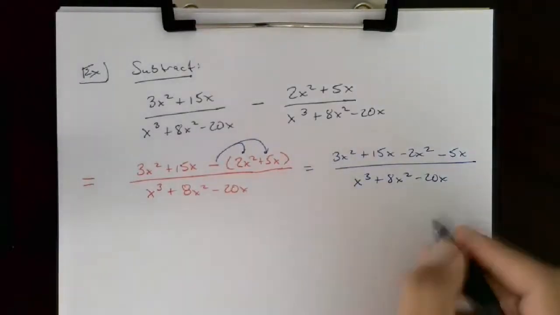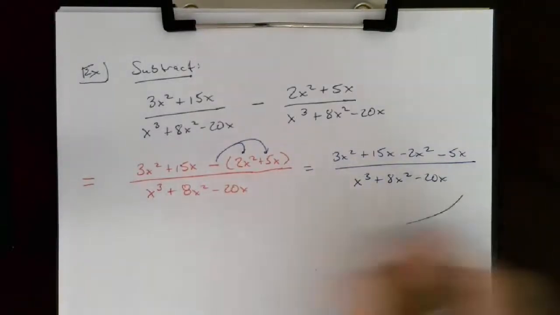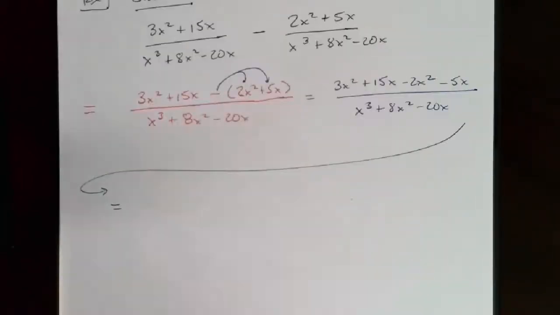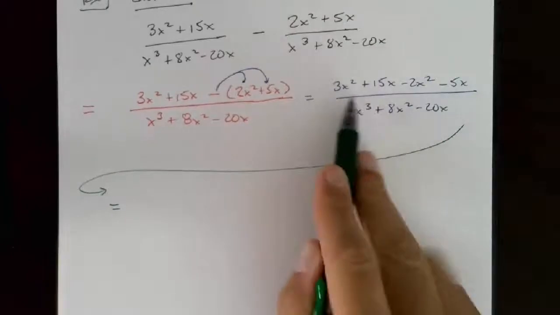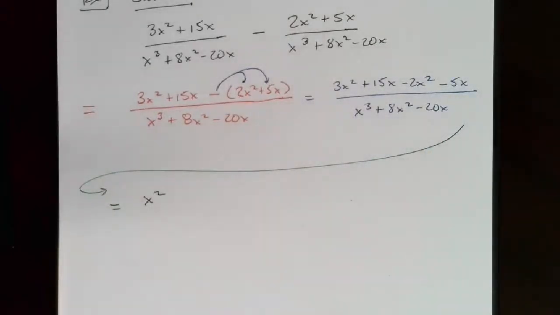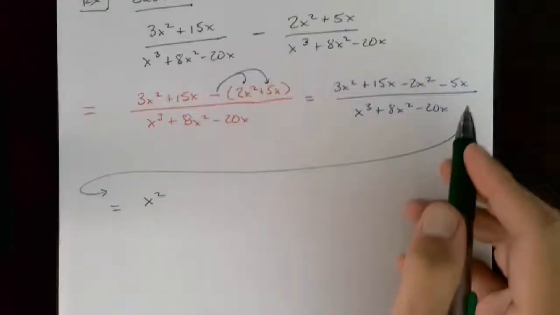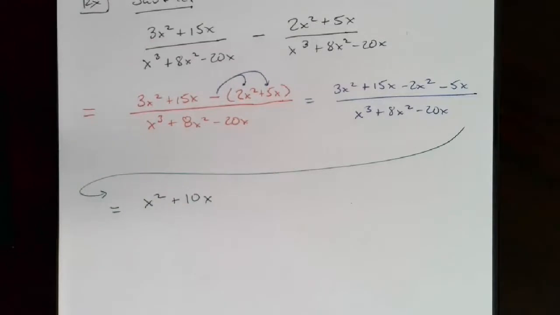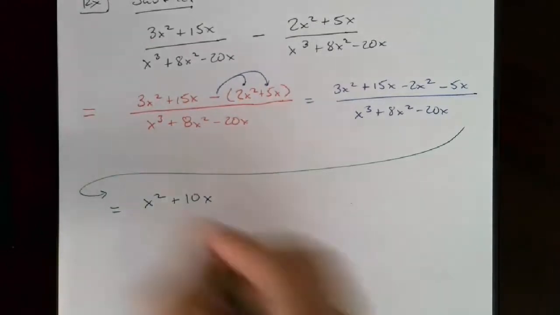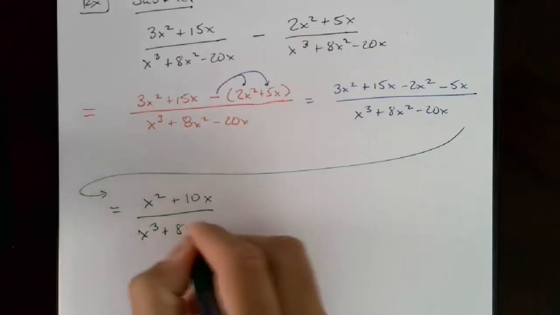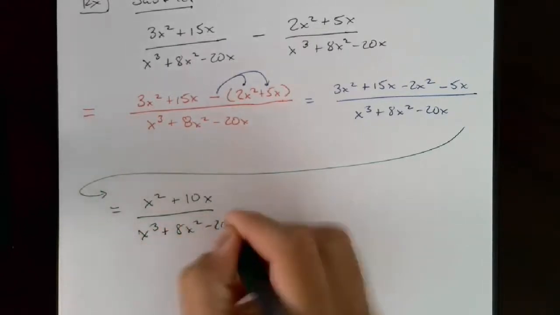Once you have this, we're going to continue simplifying. Combining like terms in the numerator, 3x squared minus 2x squared is just x squared. 15x minus 5x will be a plus 10x. And this is over my common denominator, which was x to the third plus 8x squared minus 20x.